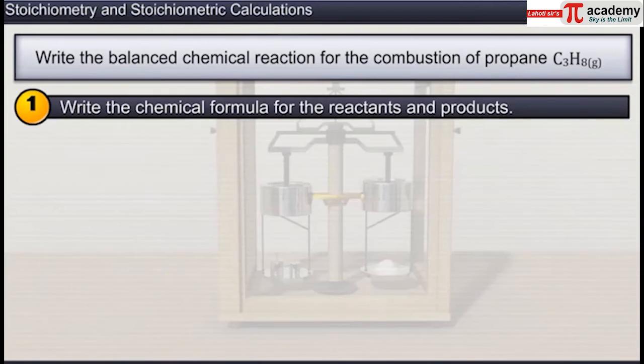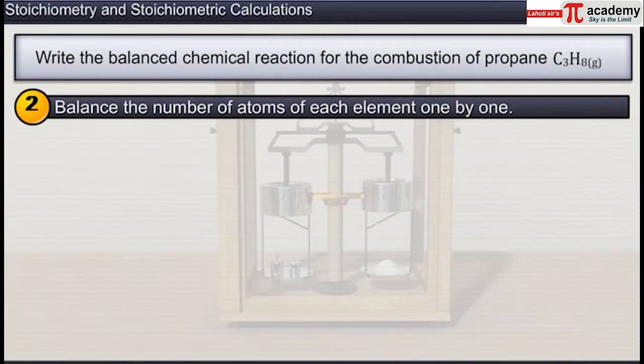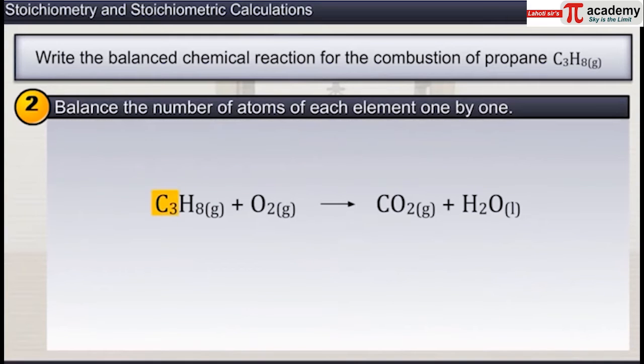Next, we have to balance the number of atoms of each element one by one. Let's begin with carbon. There are 3 atoms on the left side and 1 atom on the right side. So, we will multiply CO2 by 3. This means that 3 carbon dioxide molecules will give us 3 carbon atoms.